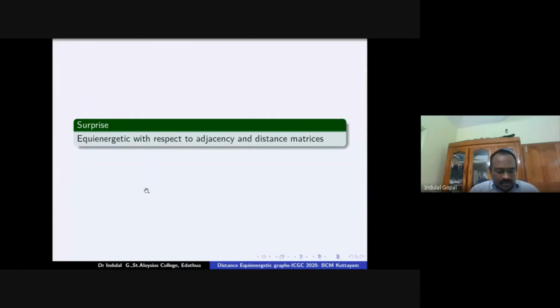Very surprisingly, when these results were compiled for this presentation, we see that many of the classes presented here have equal adjacency energy as well as equal distance energy. That doesn't mean they have the same number for both. They are equi-energetic with respect to the adjacency matrix as well as with respect to the distance matrix.